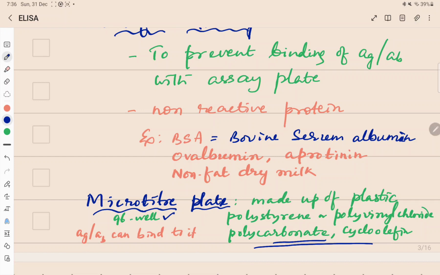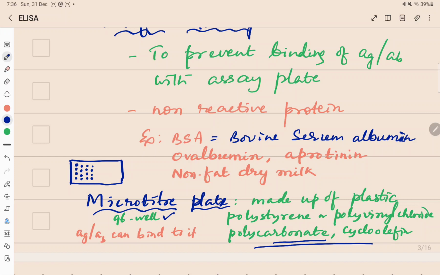And this microtiter plate has wells in it, and usually 96-well plates are used. So in this way wells are there, and we use these wells for this antigen-antibody reaction. This antigen and antibody can directly bind to this plate because the material is such that the antigen and antibody can directly bind to it.